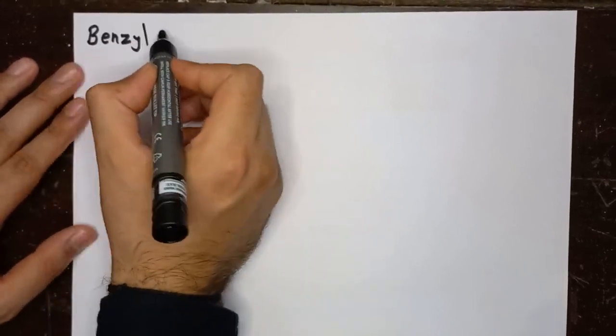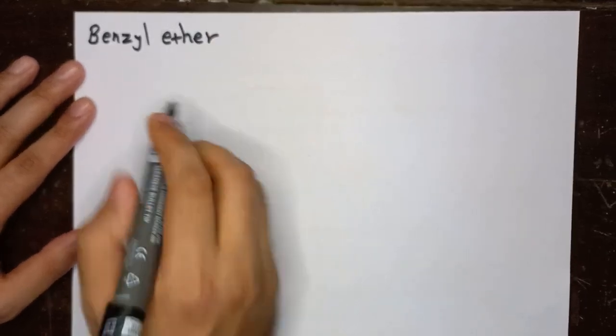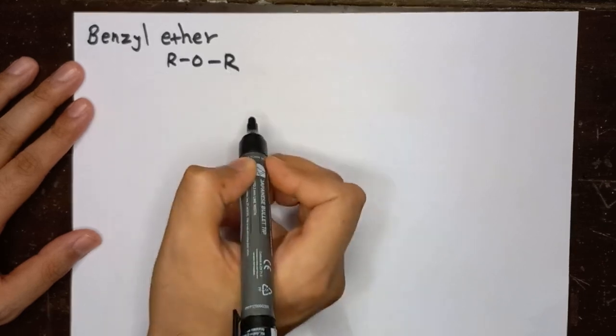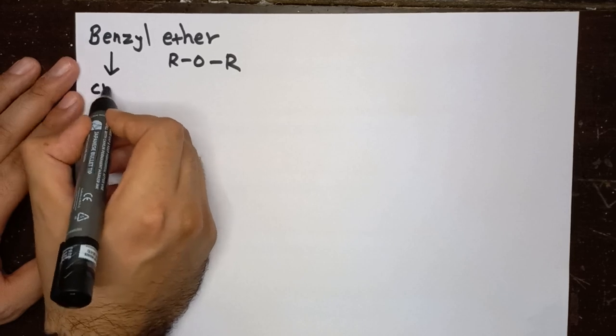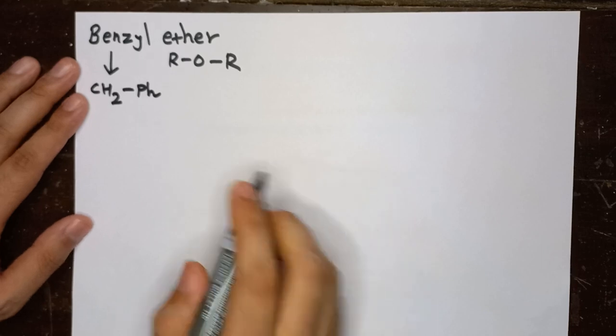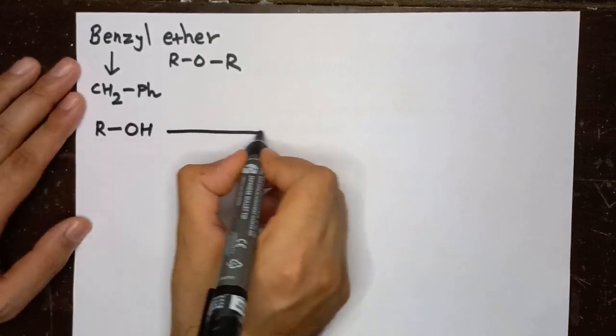Okay, now let's talk about the benzyl ether. Benzyl ether protection. So you know the ether linkage is what we call ROR, and the benzyl group is CH2Ph. So the reaction is going to be, we have this alcohol.